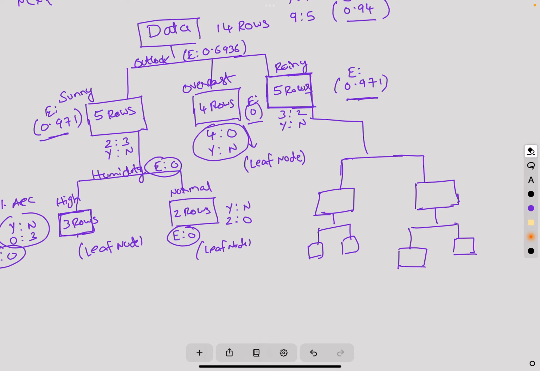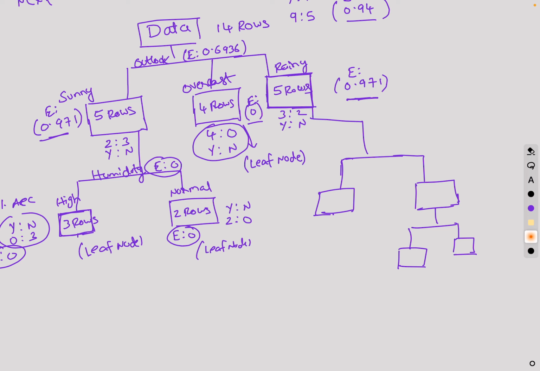That is, whenever the accuracy is the highest, that is when the decision tree model will stop. Until then, the decision tree model will keep on splitting the data into subsets in the pursuit of increasing the accuracy, or in the pursuit of decreasing the root mean square error if it's a regression task. All right.